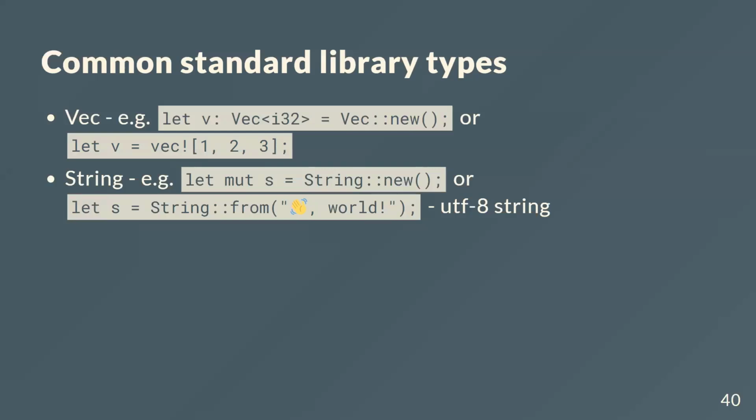With UTF-8, if you're not familiar with it, it's basically a very efficient string storage format, which has a variable number of bytes depending on which character you're using. So in this case, the comma, space, world, exclamation mark, each of those characters would only be taking up 1 byte, whereas that first character, the hand waving emoji, would be taking up 4 bytes, potentially.